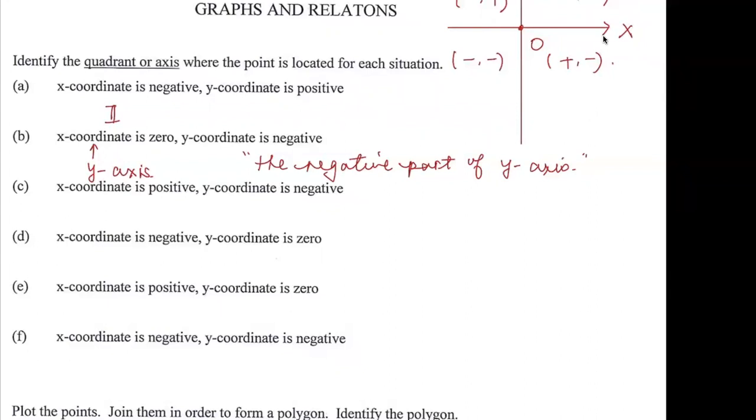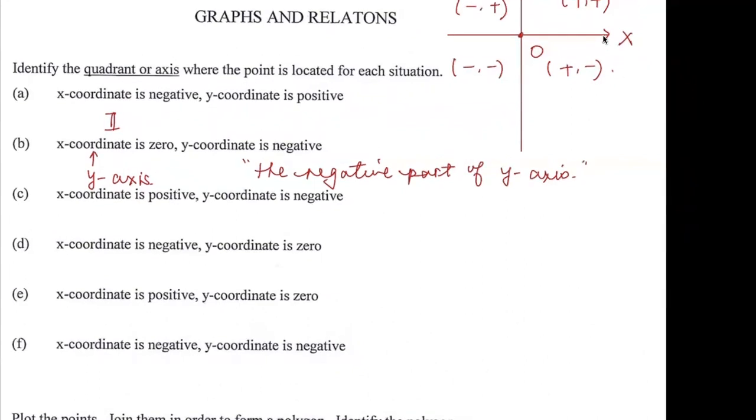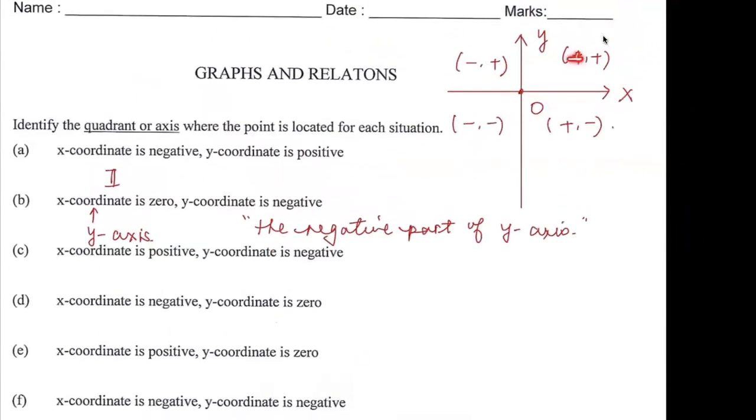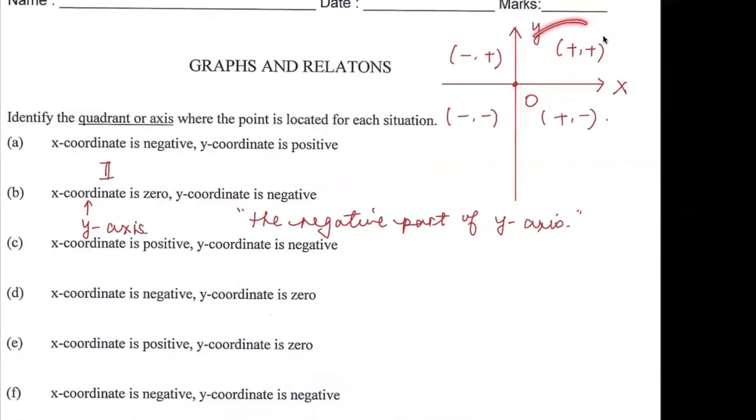Okay. Part C, x coordinate is positive, y coordinate is negative. So now we're looking at positive x coordinate. For positive x coordinate, we're only considering the first quadrant or the fourth quadrant.